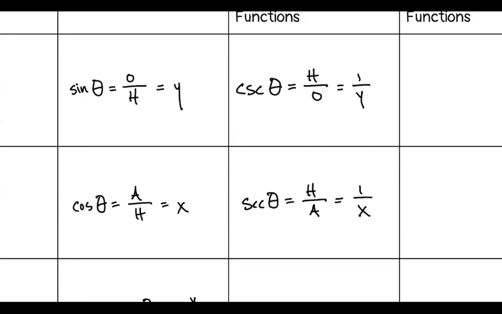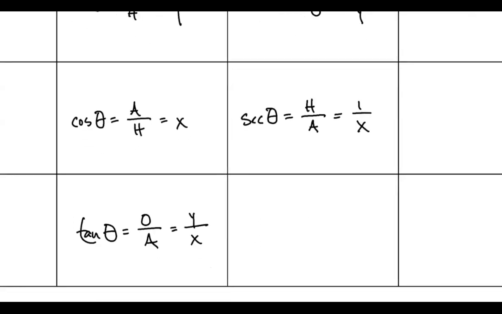You got it. All right, last one here, the reciprocal of tangent. Perfect, cotangent of theta. And we can represent that in two different ways. Adjacent over opposite, perfect, or x over y. X over y, beautiful.